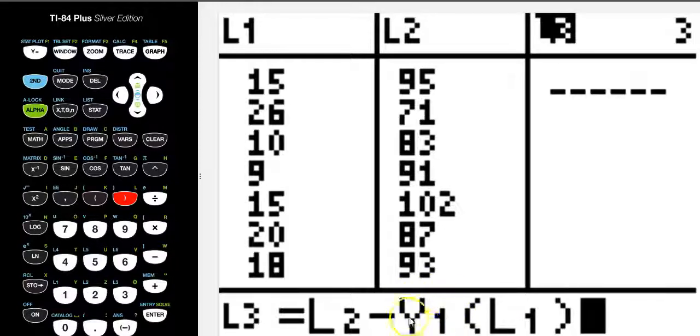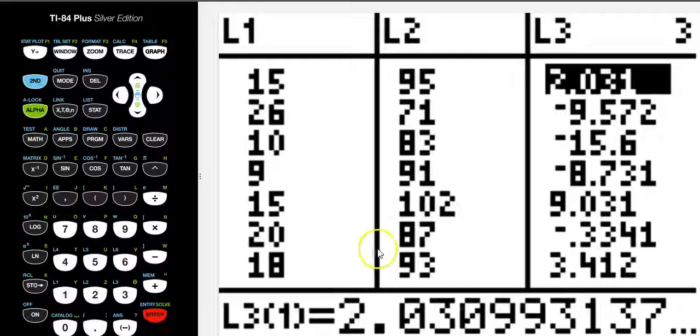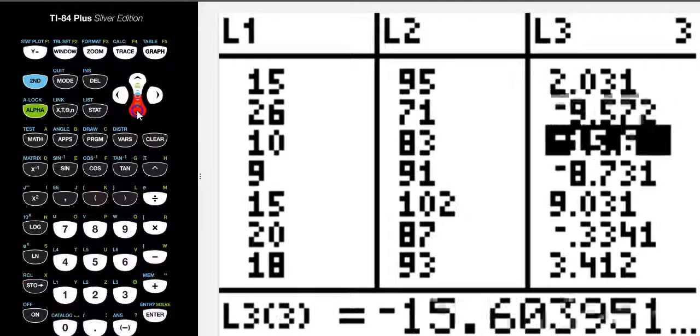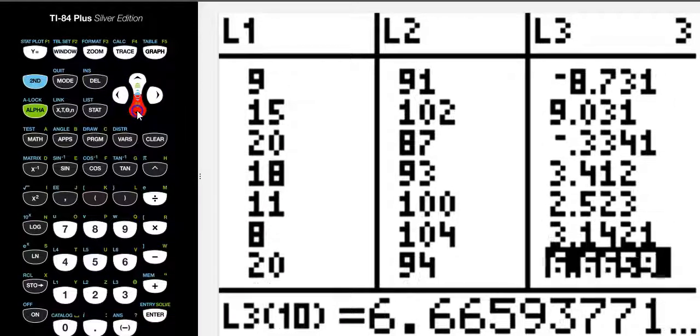This is our function Y1 and we're going to plug the values from list 1 into that. And after we get those values, we're going to subtract them from list 2. So as I enter this, you will see that we get a nice list of residuals for every single point.